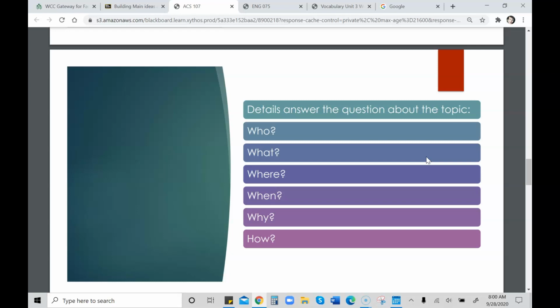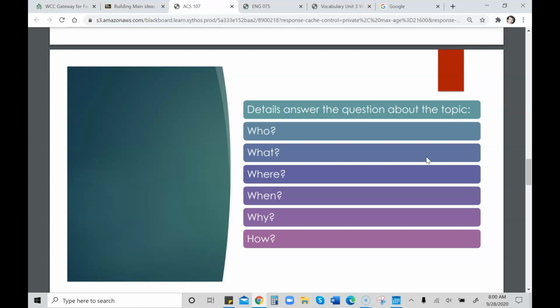The whys and the hows are where we get a little bit of overlap on things. So why is it going on and how is it happening? And so the why might lead to how it's happening, or the how might be why it's happening. So again, you want to play around with that. And there's no perfect answer on this, but if you can answer these particular questions, you can really truly understand deeply what someone is trying to tell you about the topic.